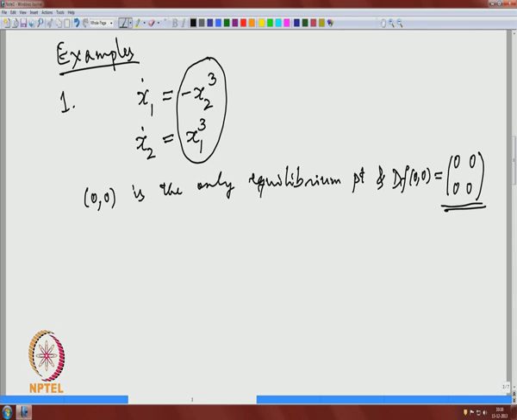Now let us go back to the nonlinear system. Looking at this cubic power, let us try this function: V(x1, x2) equals x1 to the 4 plus x2 to the 4, since it has 4th powers in both variables.